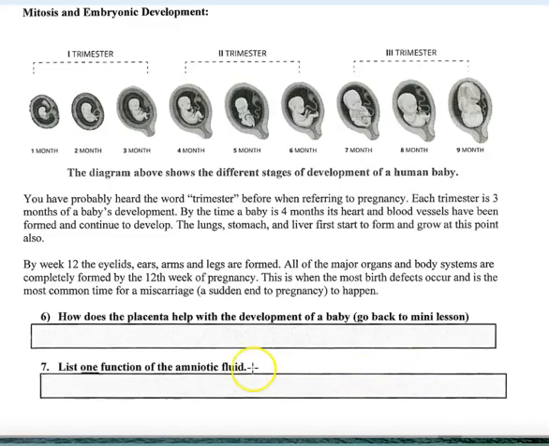So, how does the placenta help with the development of the baby? We talked about that earlier.